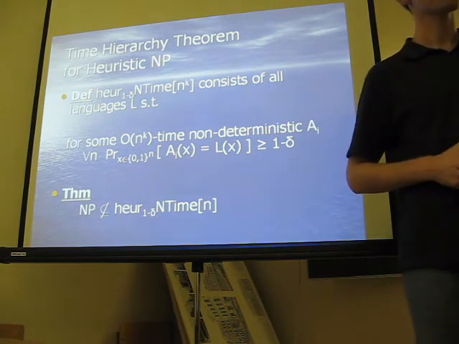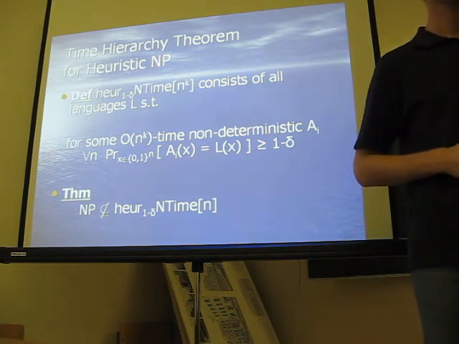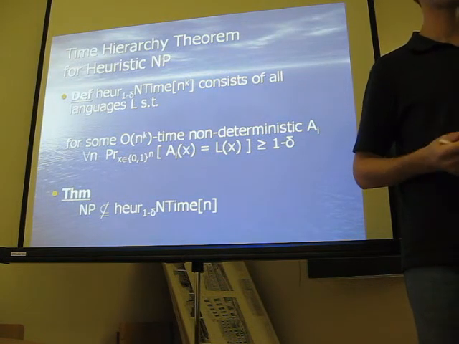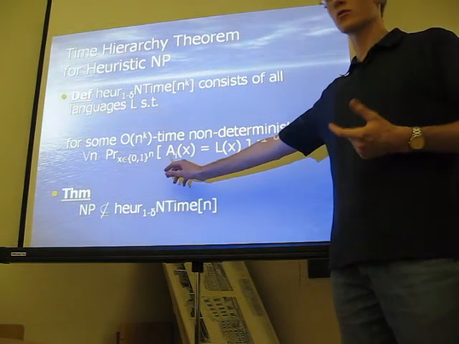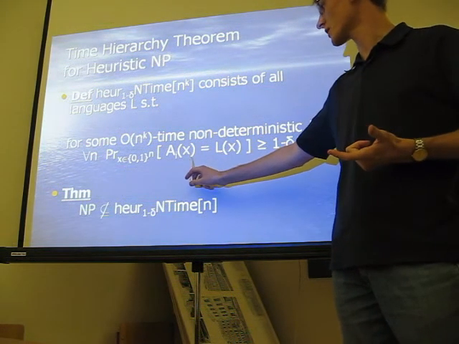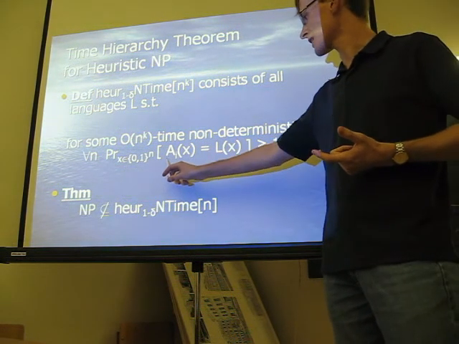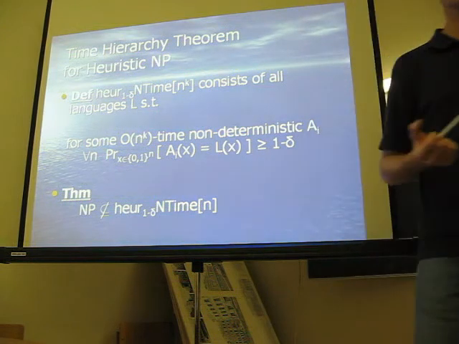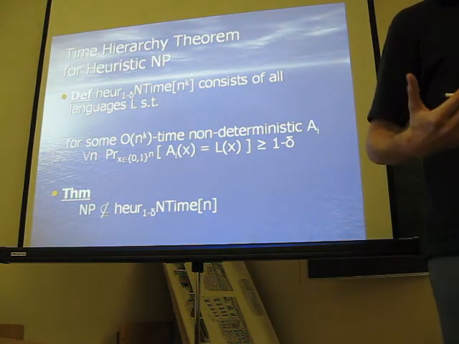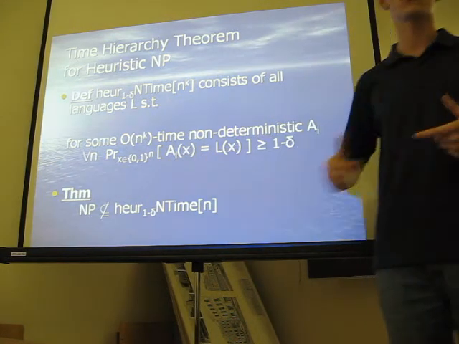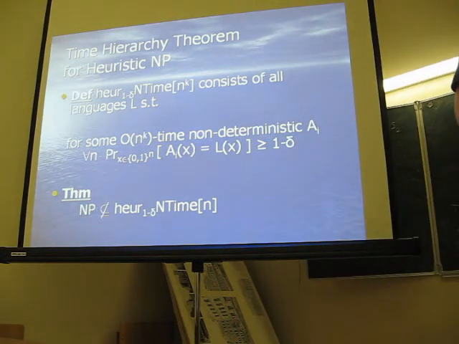Is it symmetric or non-symmetric? If L is 0 or 1, it's more or less the same definition. What does it mean for non-deterministic A to produce it? A of X is 1 if there exists a witness, and it's 0 if there is no witness. So this just means the answer of A on some input. That's how this should be understood.